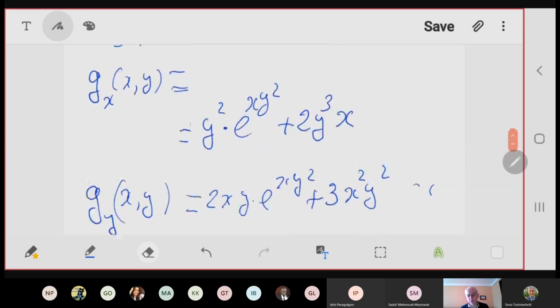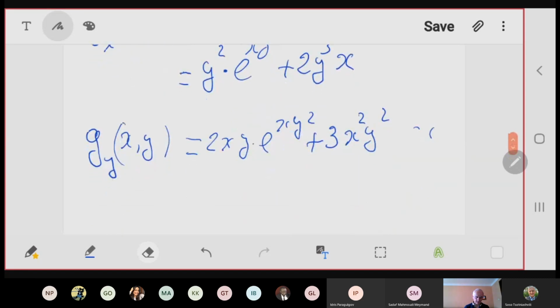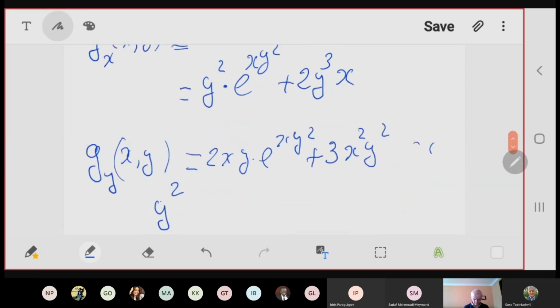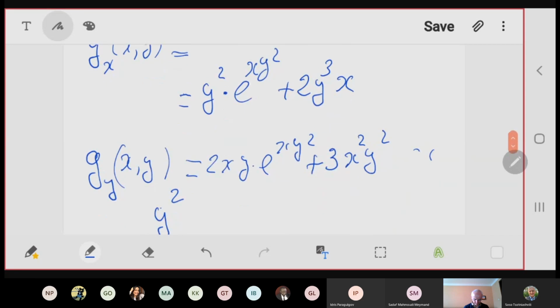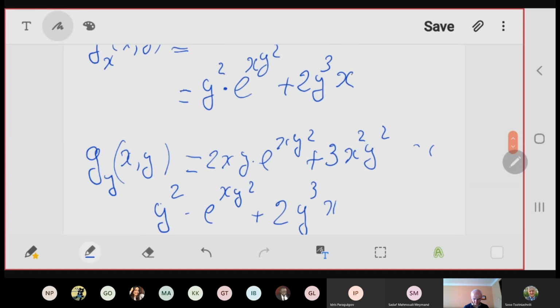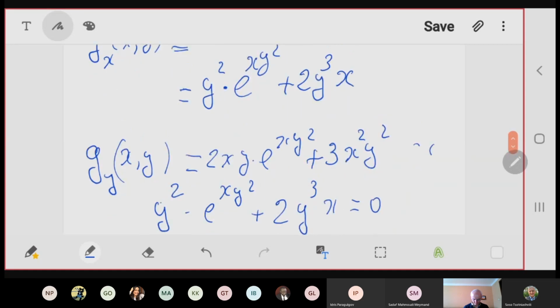Okay, so I got 2 partial derivatives, and now I need to equate them to 0. Let's equate the first: y square e to power x y square plus 2y cube x equals 0.